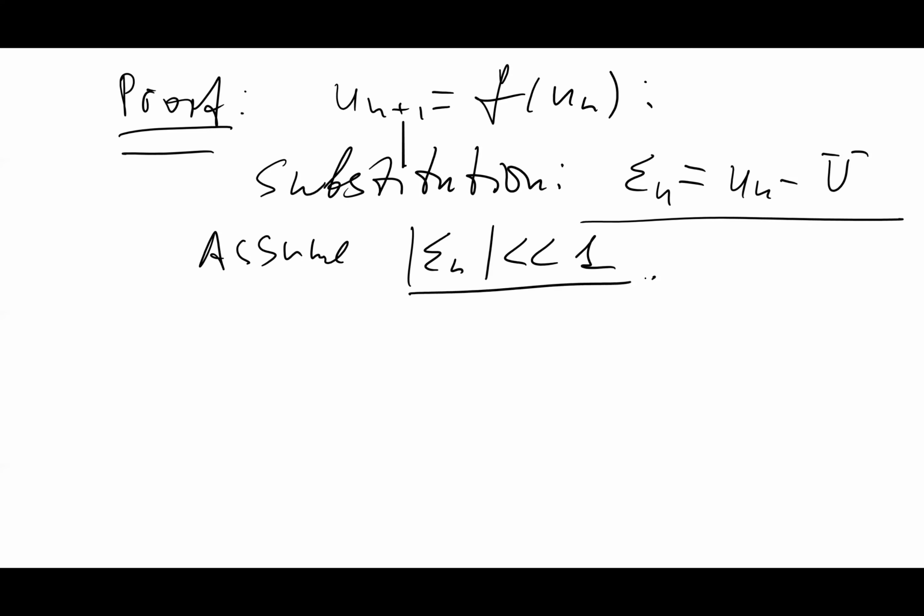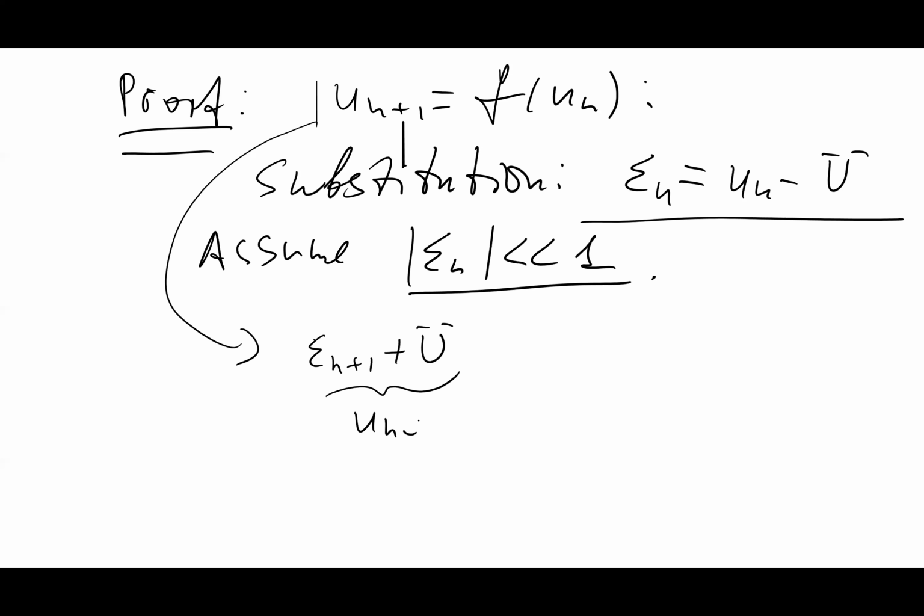It's very small. Then we can rewrite our equation this way: epsilon_{n+1} plus U capital, so this is U_{n+1}, will be equal to f of U capital plus epsilon_n, so this is U_n.